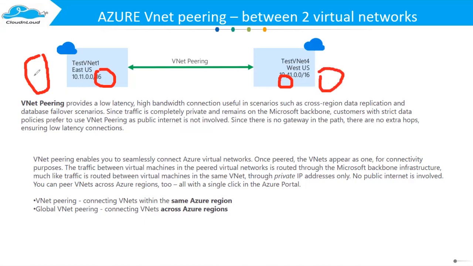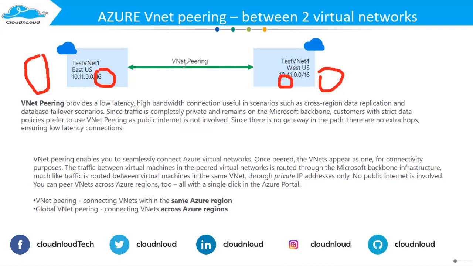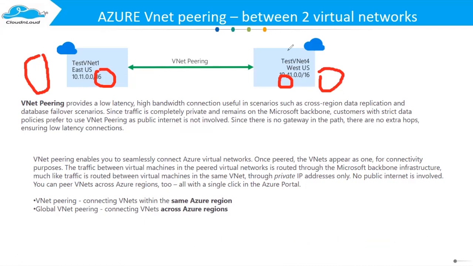These two locations' resources want to talk to each other using the Azure backbone network, I mean the private network, because I need to ensure a secure channel. So VNet pairing will be very useful for this type of project implementation.